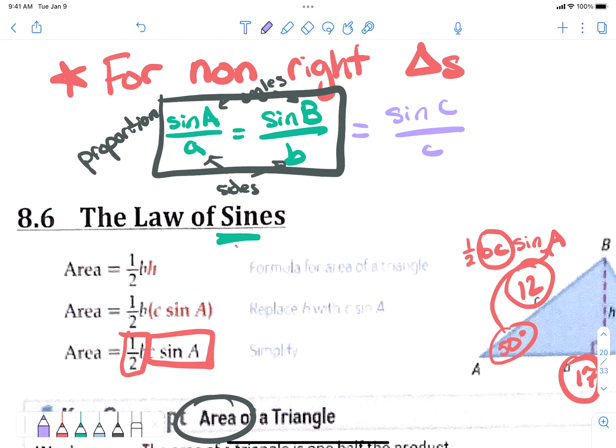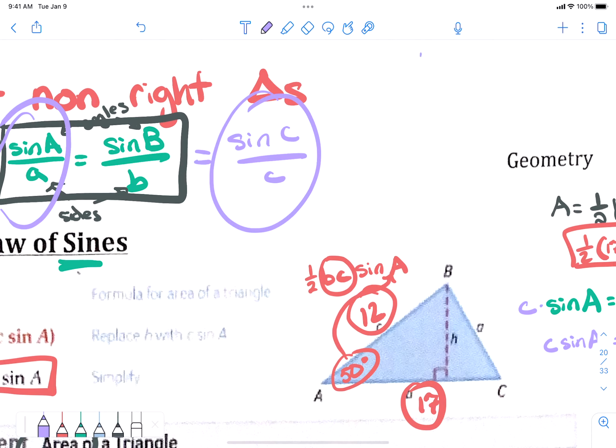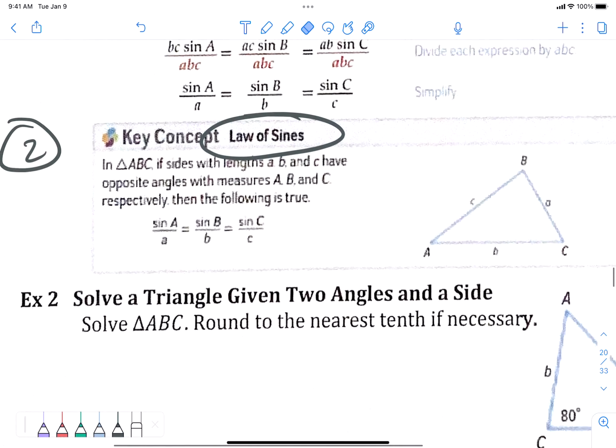You don't necessarily have to write this down, but if we are comparing A and C, we can do sine of A over a equals sine of C over c. You're only ever using two of them at a time. Does that make sense? You can do any of the sides over any of the angles, just as long as you are only doing two at a time, okay? The formula down below that you'll see has all of them together.